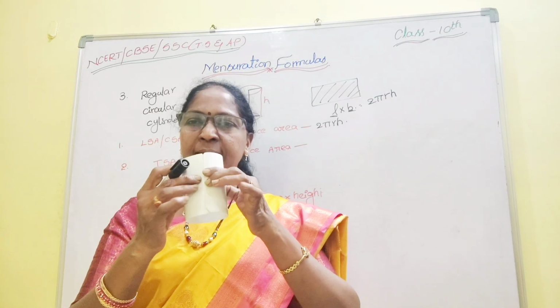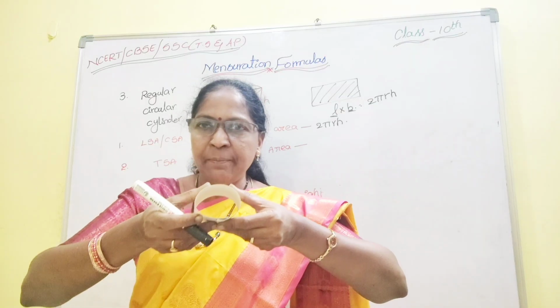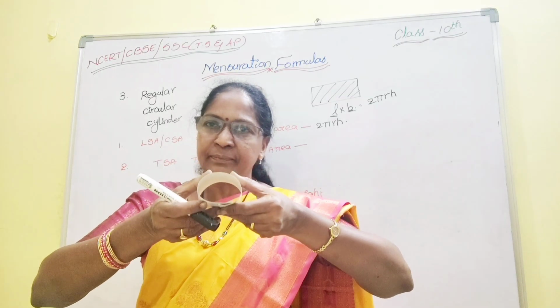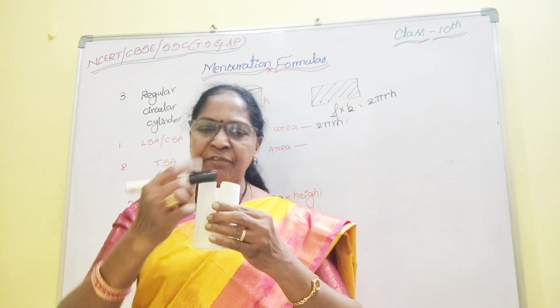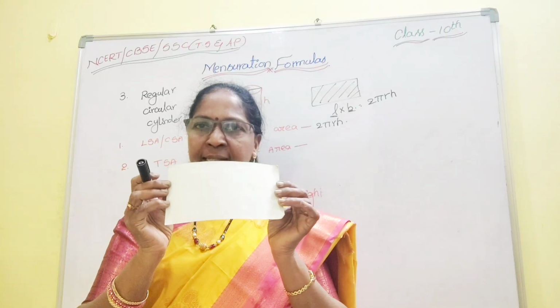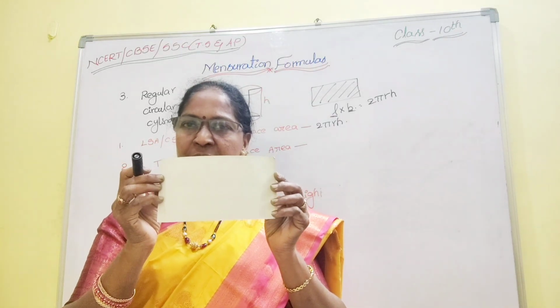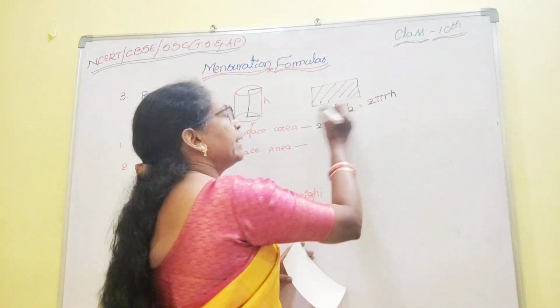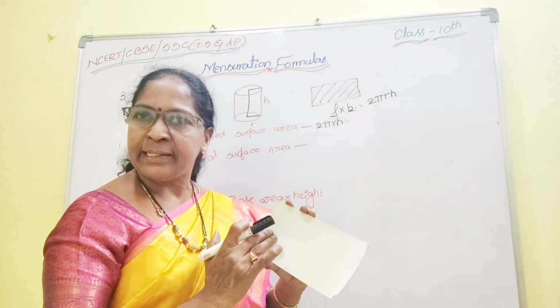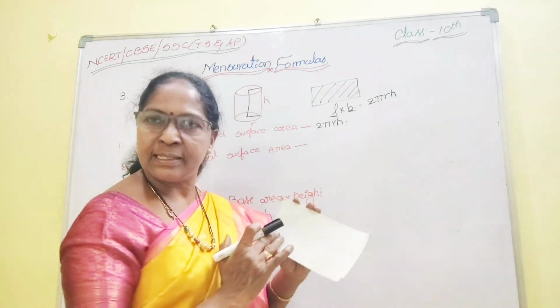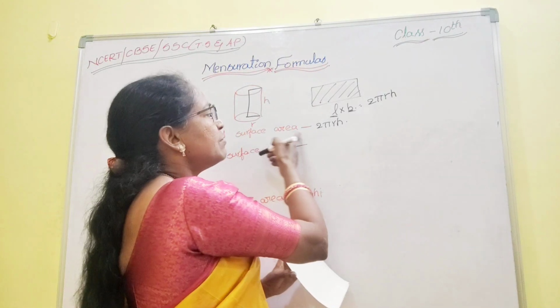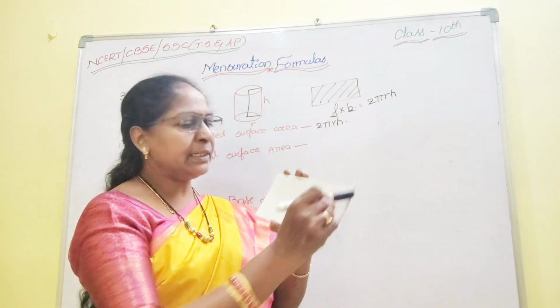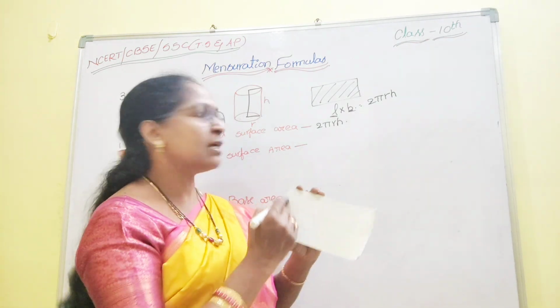Whenever you fold it like this, is it cylindrical shape? Yes or not? Yes. Now whenever you cut it and open it like this, it is a rectangular shaped figure. So this is a rectangle. This entire area is nothing but the curved surface area of the figure.